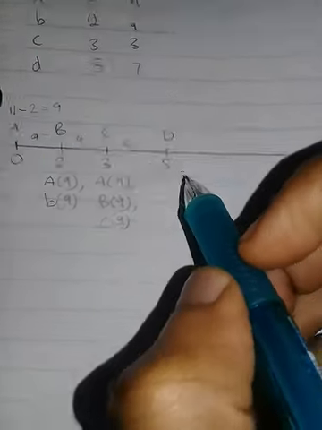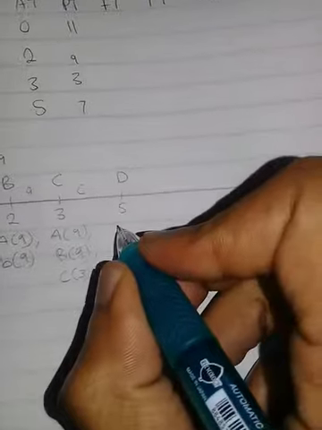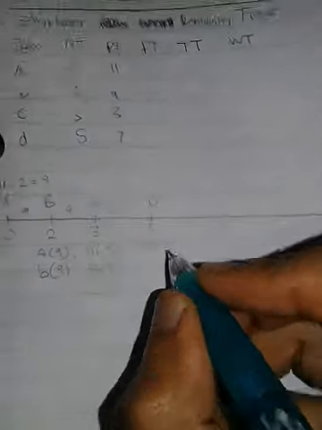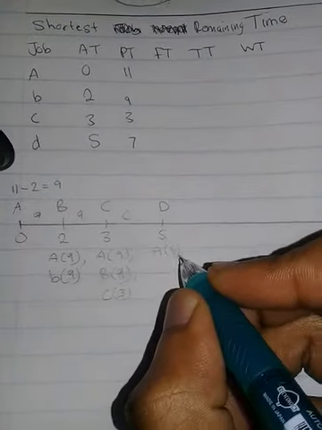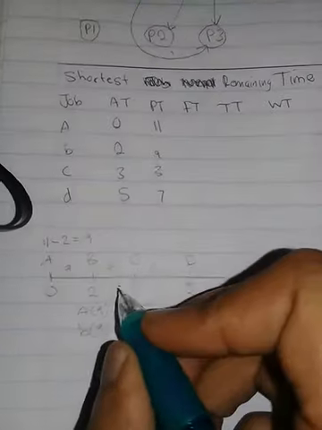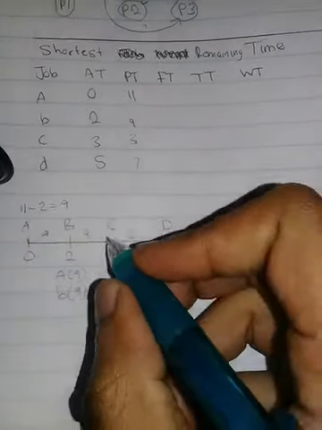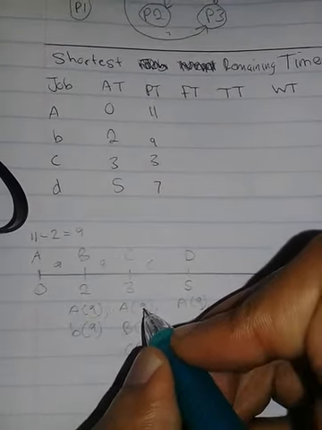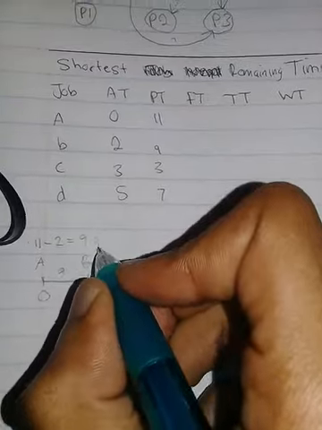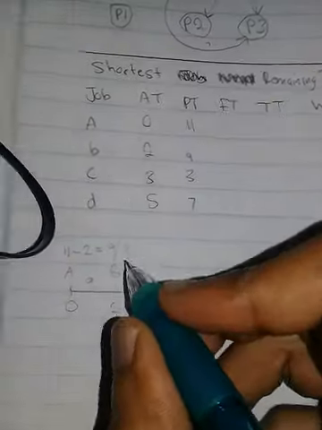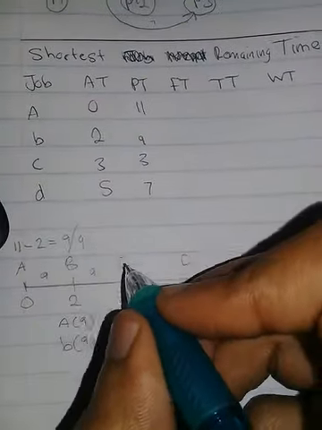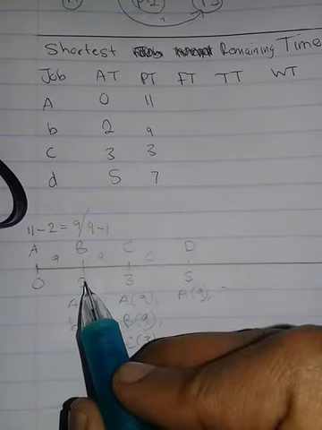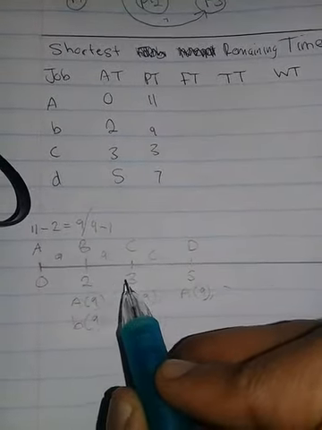Now for job B, again update your current table. Before I complete this table, I must say I committed an error here. Suppose here 9 minus 1, because it took from 2 to 3, so it's 1.